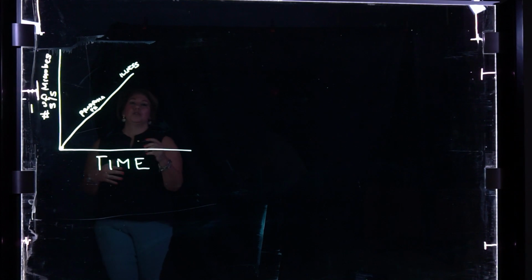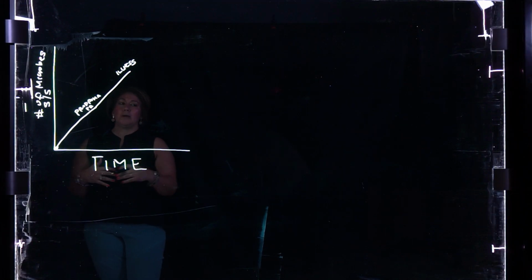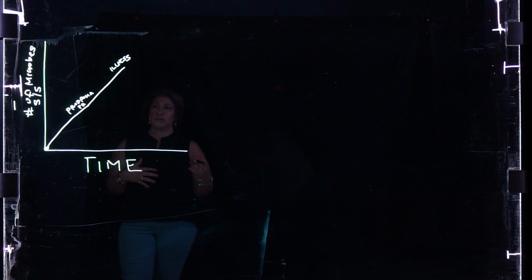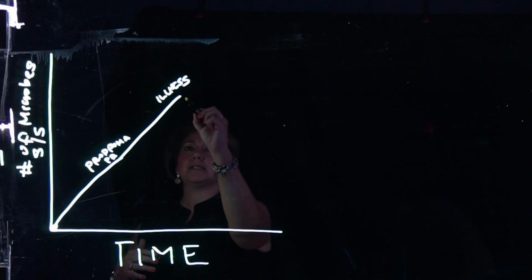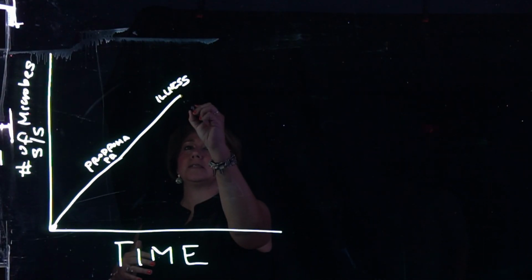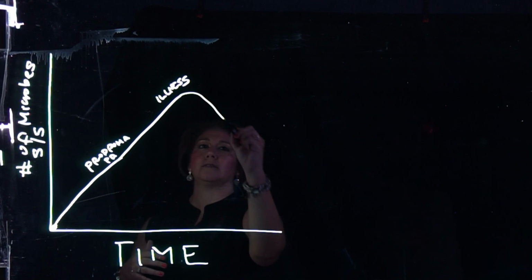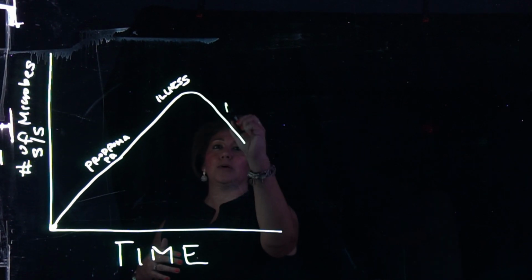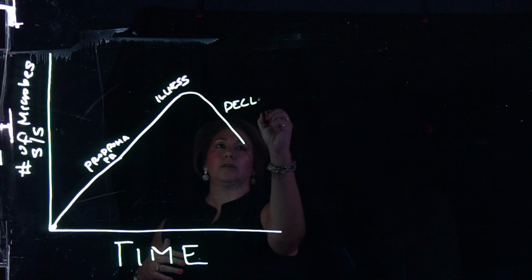So if your immune system kicks in, and or you have some type of medical treatment, what happens next is the number of microorganisms and the signs and symptoms start to decline. This is referred to as the period of decline.